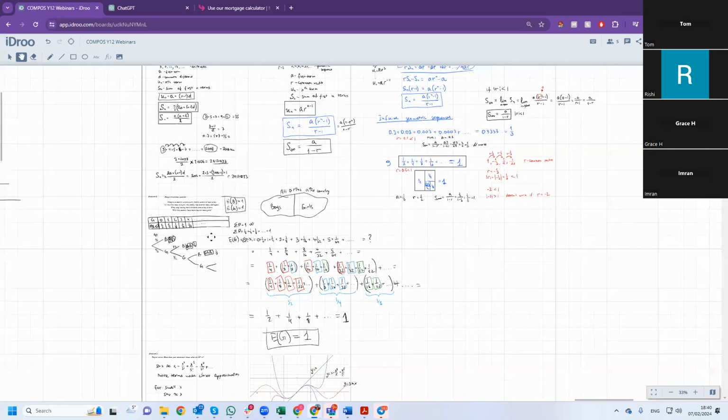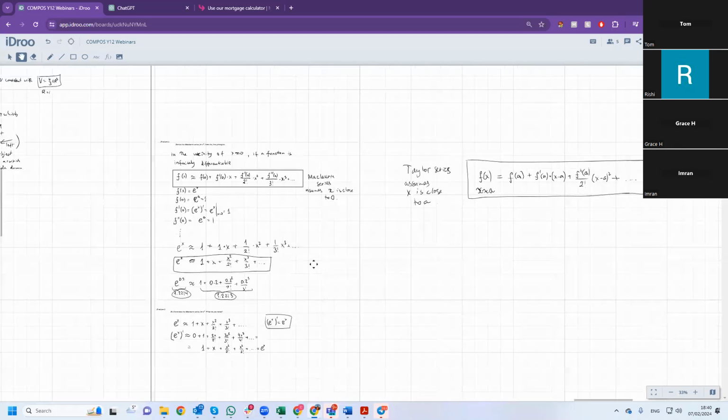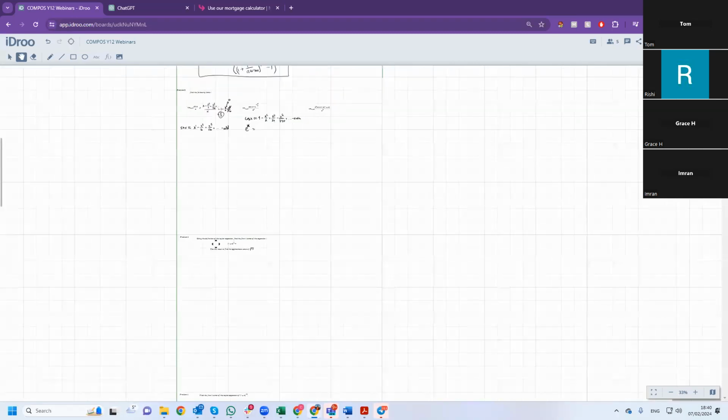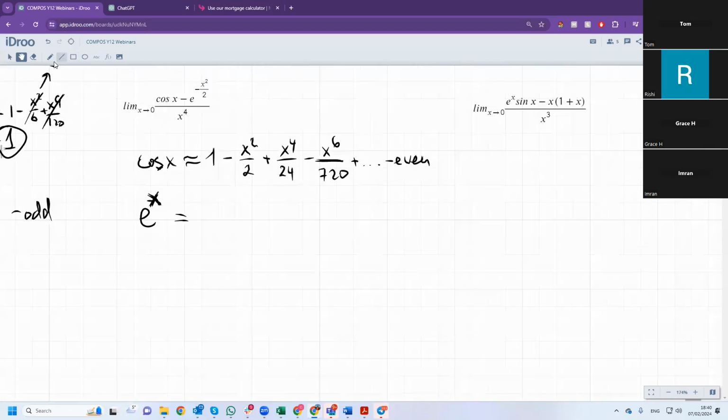I'm not 100% sure. Oh yes, 1 plus x. Yes, of course. e^x is 1 plus x plus x squared over 2 plus x cubed over 6.